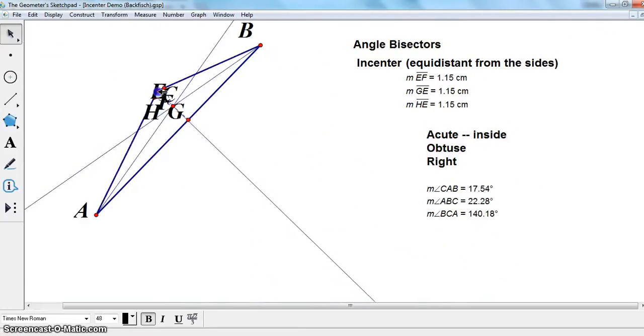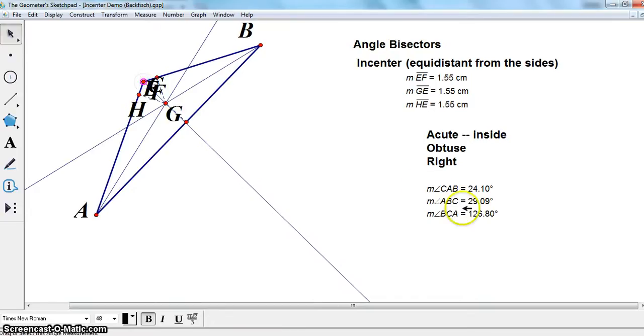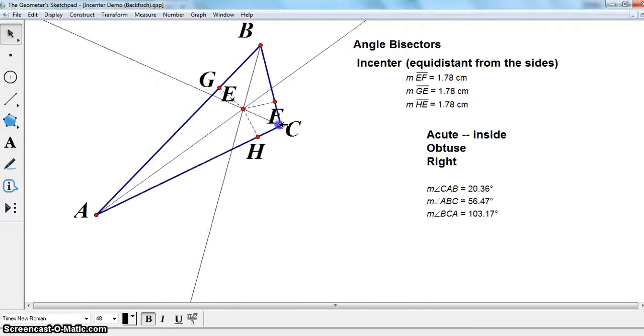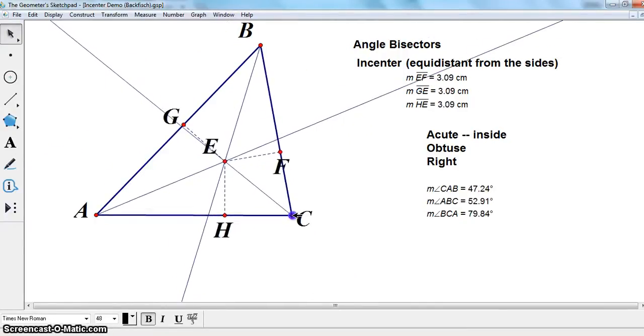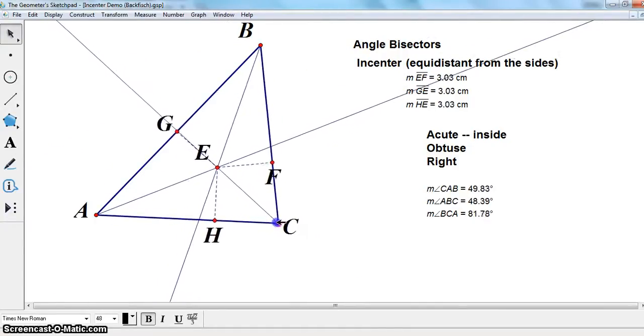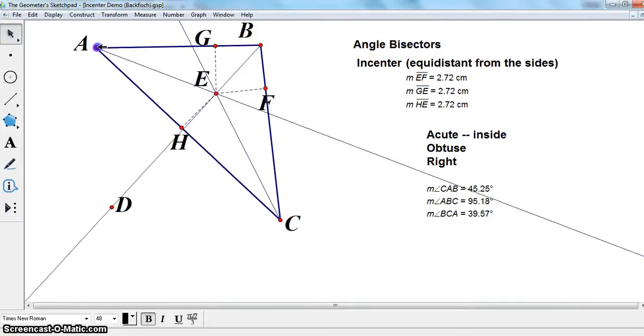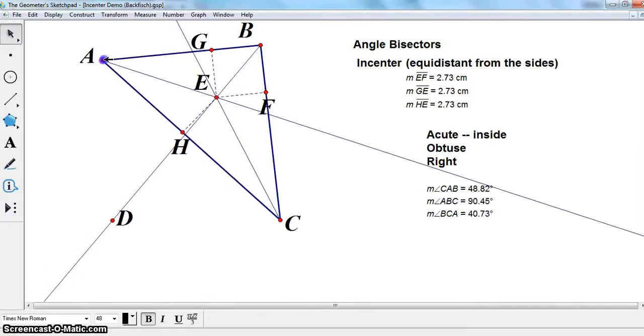What about when my triangle is obtuse? This is definitely bigger than 90. Where is E? It's still inside. As a matter of fact, no matter where I put this, no matter what type of triangle I make, even a 90, here's really close to a 90, E is always on the inside.